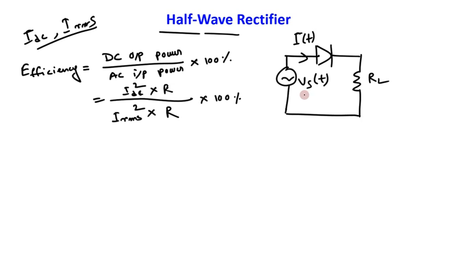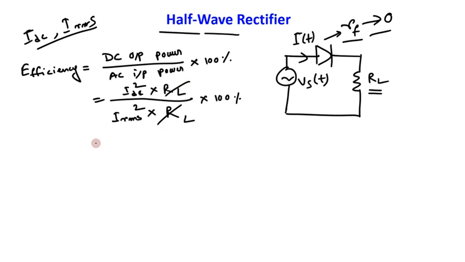So if this load resistance is RL, as I have denoted here, then I should mention RL here. Remember that this diode will also offer one resistance, which is RF, the forward bias diode resistance, but we are neglecting this resistance for our calculation.